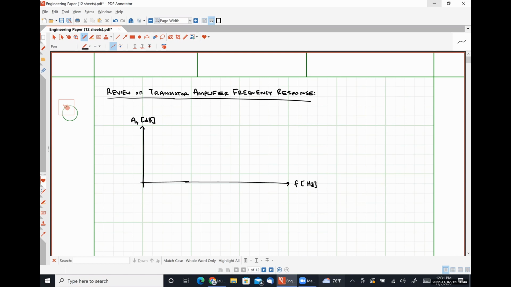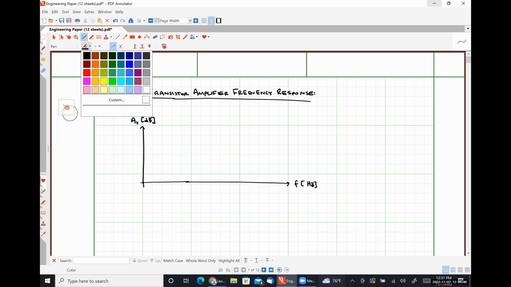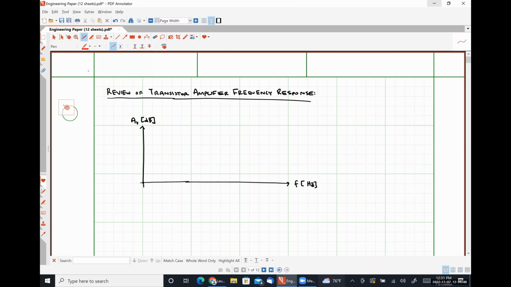And what we learned in 336 is that our frequency response curve should look something like this. This is just a break in our curve to cover a large range of frequencies.